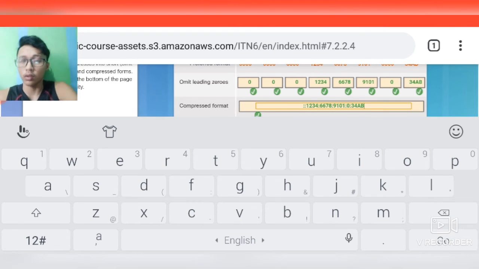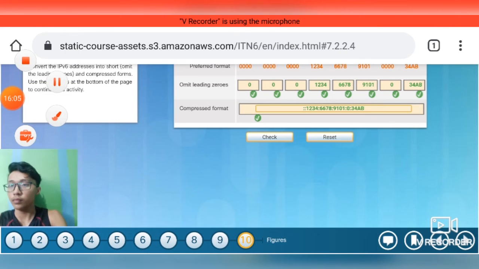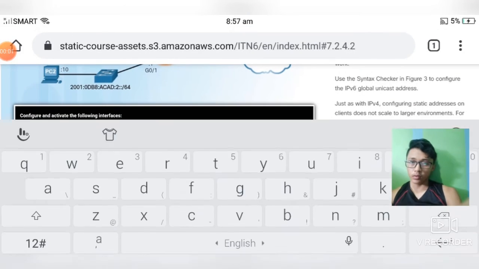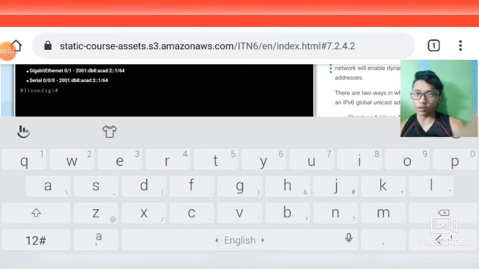So this is a very long activity. This is a process of practicing in this compressing format and omitting leading zeros. So in this chapter we have to practice this configuration.